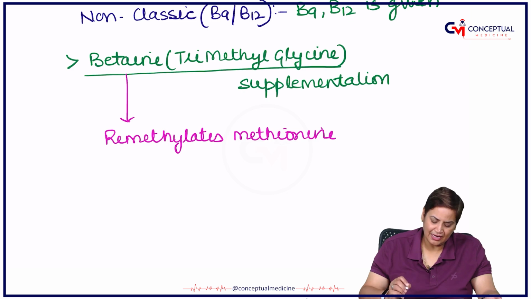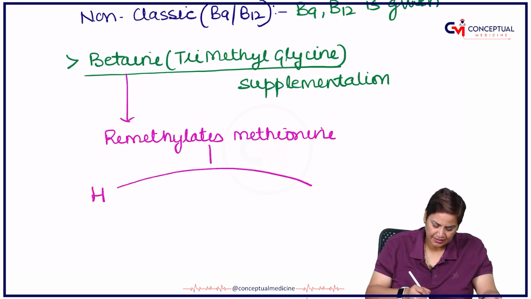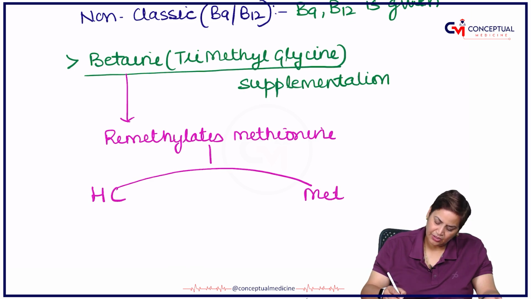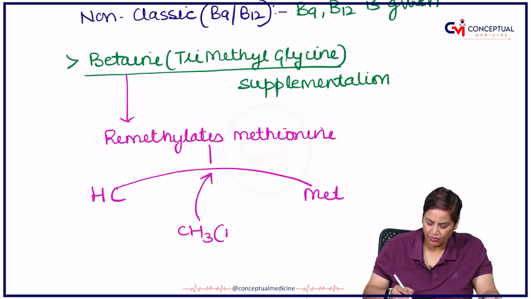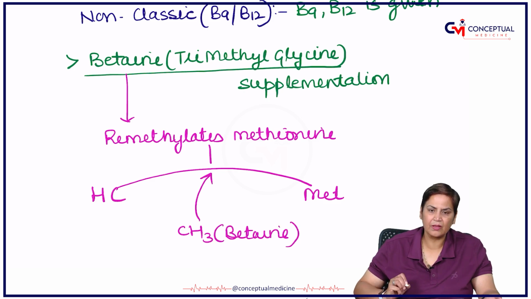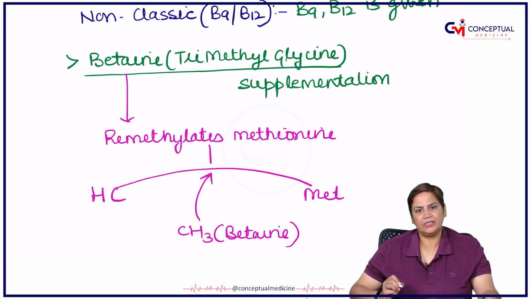How is it remethylating methionine? Simply, homocysteine will be converted into methionine by providing methyl, which is coming from betaine. And rest is vitamin supplementation. So this is homocystinuria, classic or non-classic.